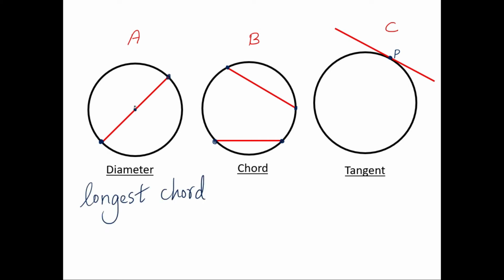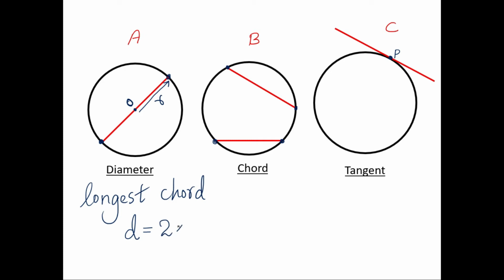and it passes through the center O, and if this is the radius R of the given circle, then to find the length of this diameter, let us consider the diameter length to be D. So D is going to be equal to twice the radius.